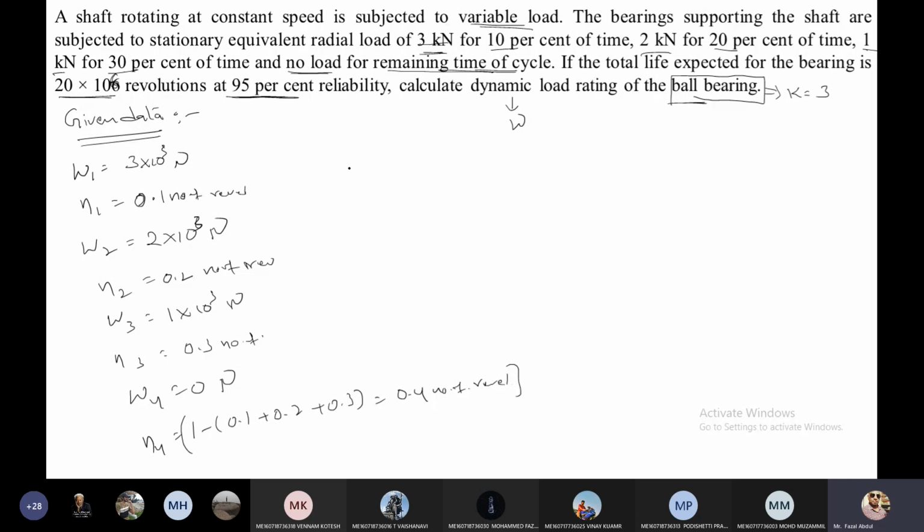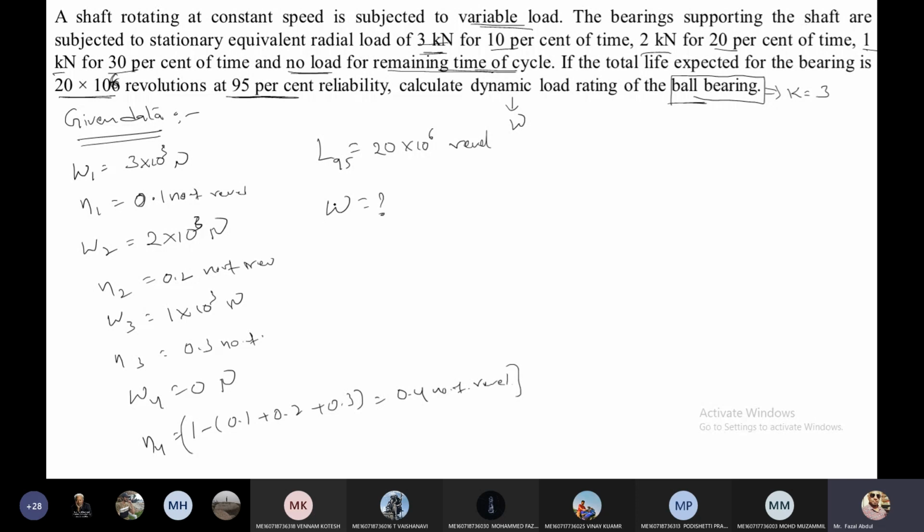Okay, now the life of the bearing is given as 20 into 10 to the power of 6 revolutions for the 95% reliability, and the question is asking how much dynamic load rating.